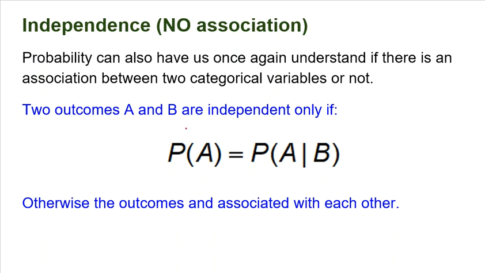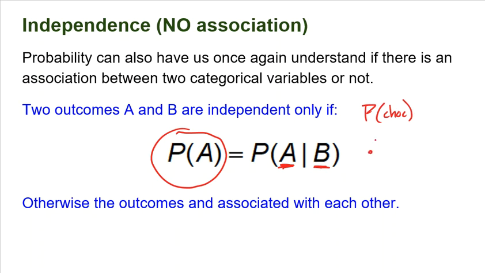Why? Because on the left-hand side here, we don't care about B. Is it there? Is it not there? Did it happen? I just care about A. On the right-hand side, we're still caring about A, but we're saying, hey, we already know B was given to occur. So listen, if the probability of A given B occurred is equal to the probability of A, it just goes to show that B did not affect A. Makes sense. For example, what's the probability that somebody loves chocolate?